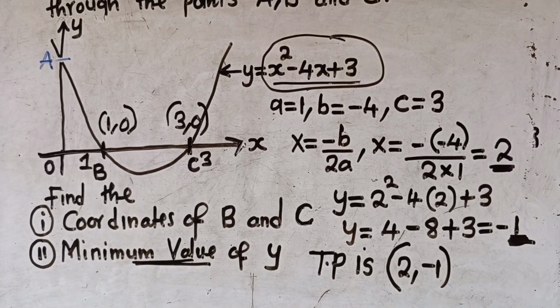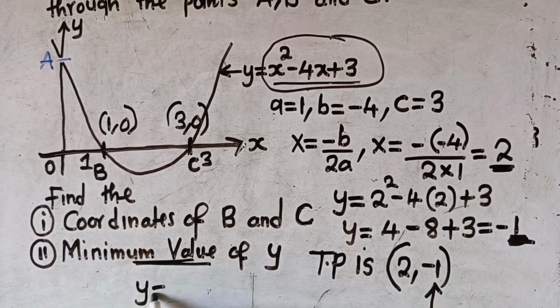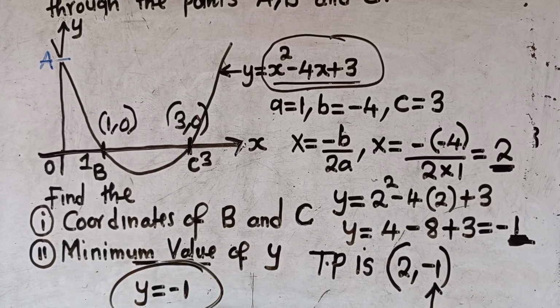So I've taught you how we get to find the turning point. After this turning point, the question is saying, what is the minimum value for y? You just concentrate on this one. So minimum value for y is equal to negative 1. You are done. So the minimum value of y is equal to negative 1. If the question was saying maximum, you're still going to get the value for y.